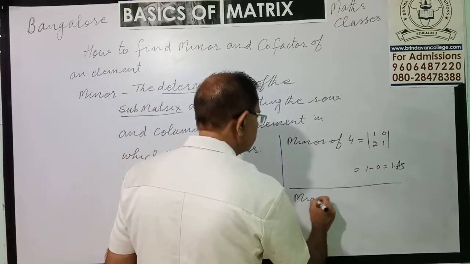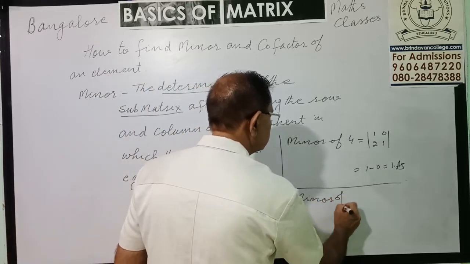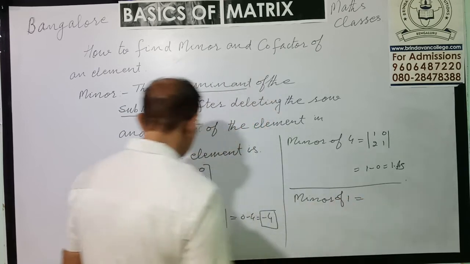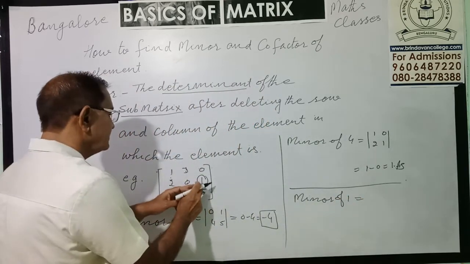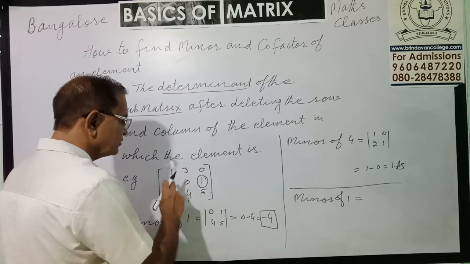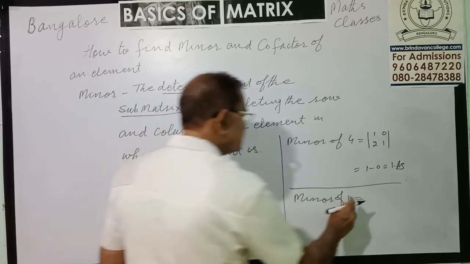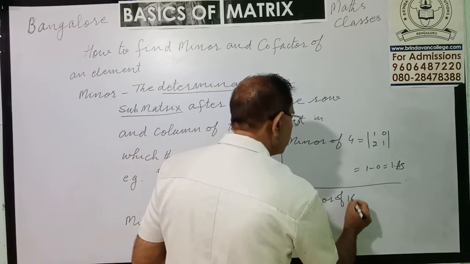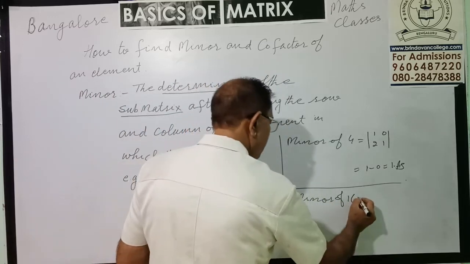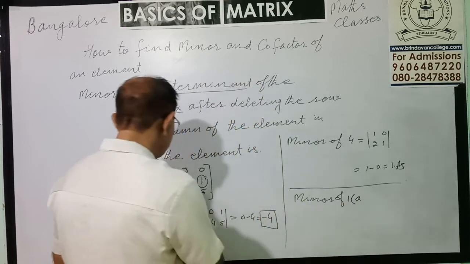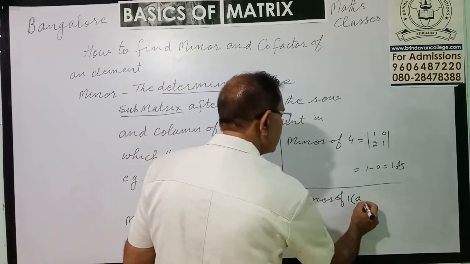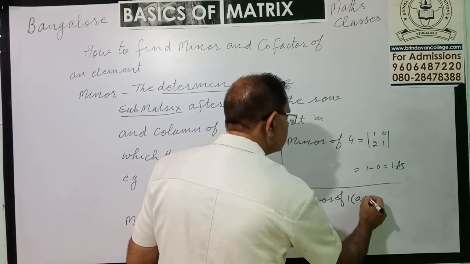Minor of 1. 1 is there. Here, see, here we are having 2, 1. So differentiate the 1. If I want this 1, it is the element in the second row and third column.